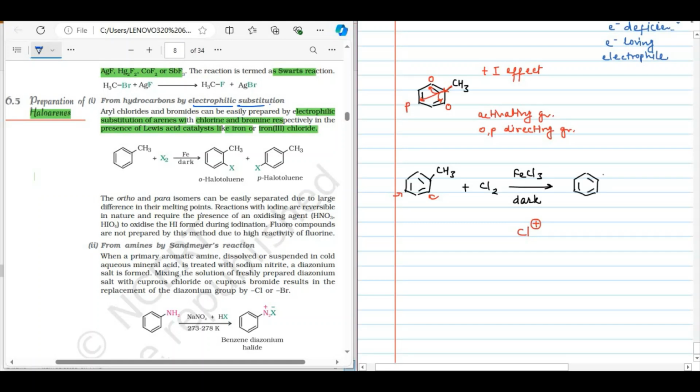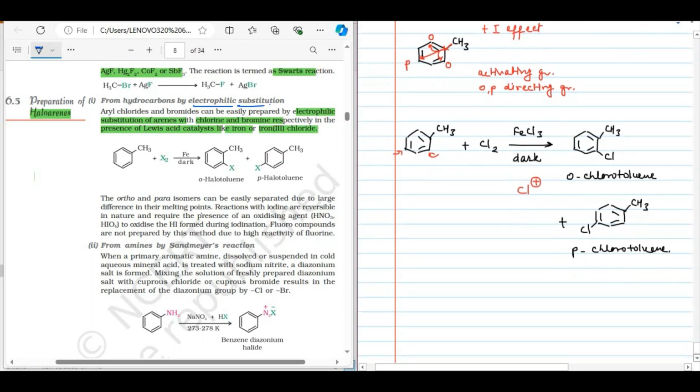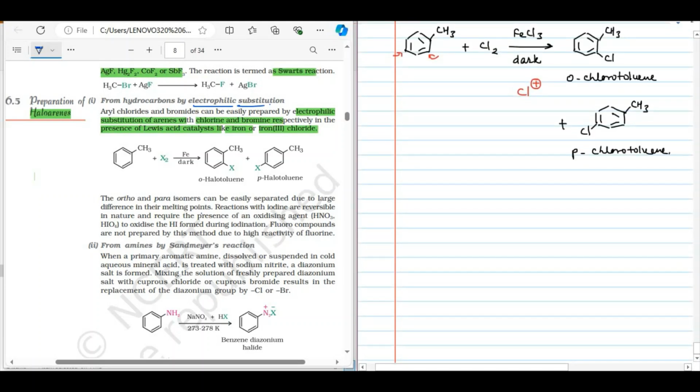So this is toluene and here Cl is attached at the ortho position, so it results in orthochlorotoluene. And if it attaches at the para position, it results in the formation of parachlorotoluene. So this is toluene, and Cl is attached at the para position. So this is named parachlorotoluene. And the byproduct formed is HCl.